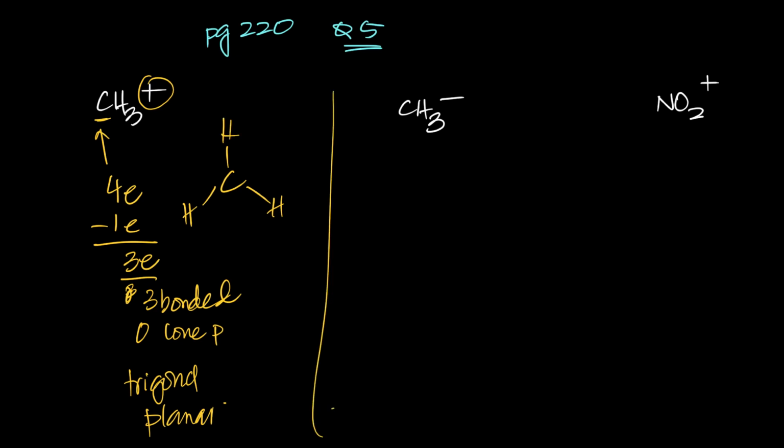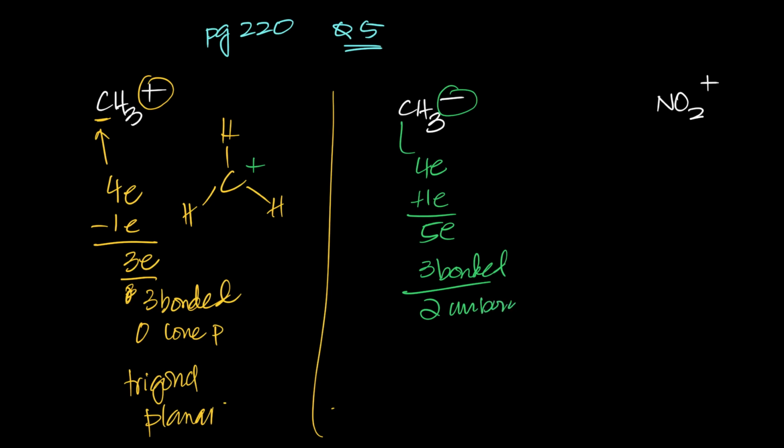Then CH3 minus has 4 electrons, but minus means gained 1. That's 5 electrons and 3 are bonded. So 2 are unbonded. How many electron pairs is that? That's 1 lone pair.